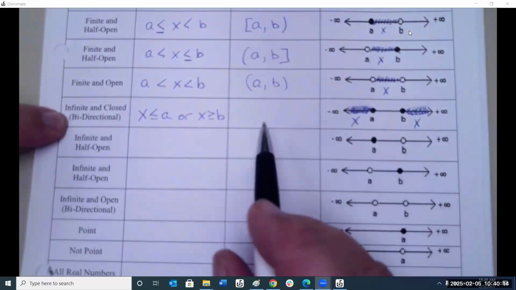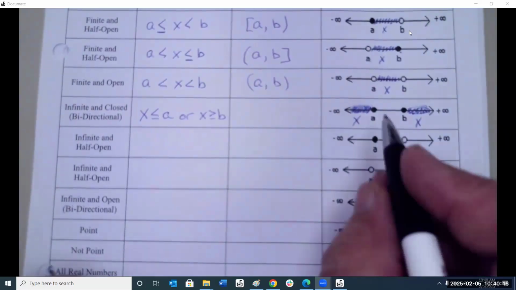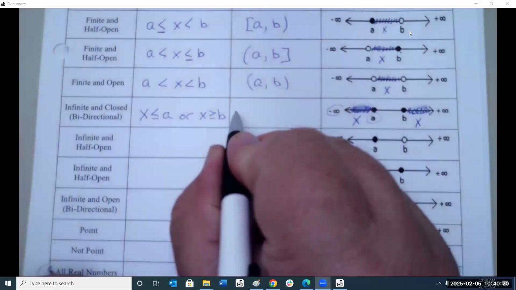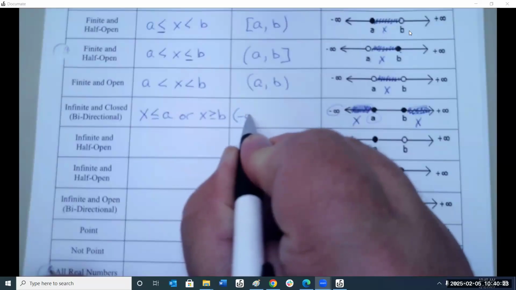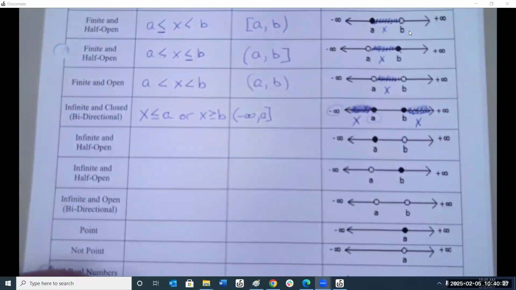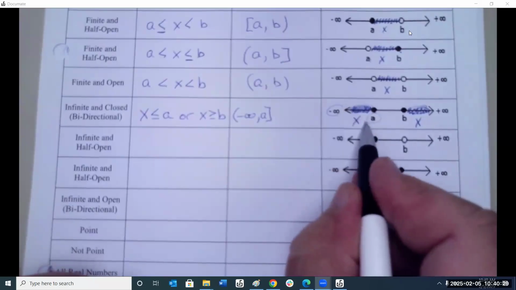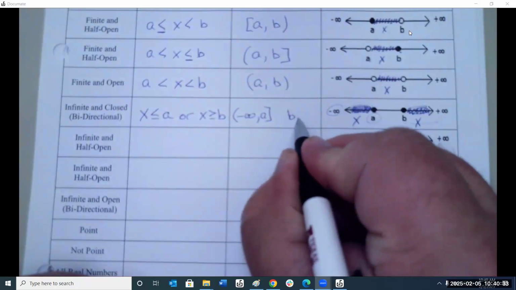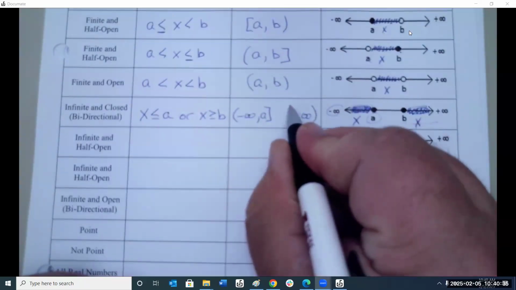Now it comes a little different when we do this interval notation. Remember, in interval notation, you have to have a beginning and an end. So we have negative infinity goes to A, bracket. That's this first one. And then we go from B to infinity. So B to infinity, B is a bracket.